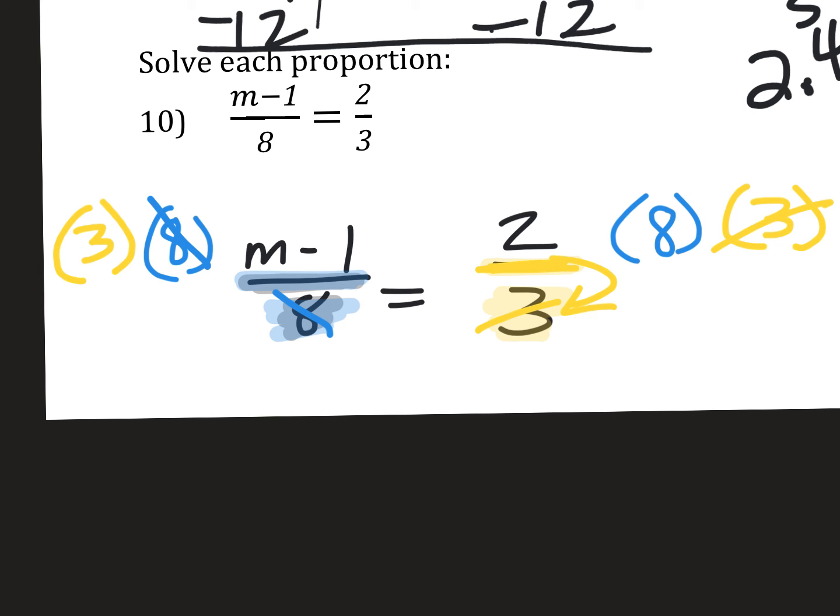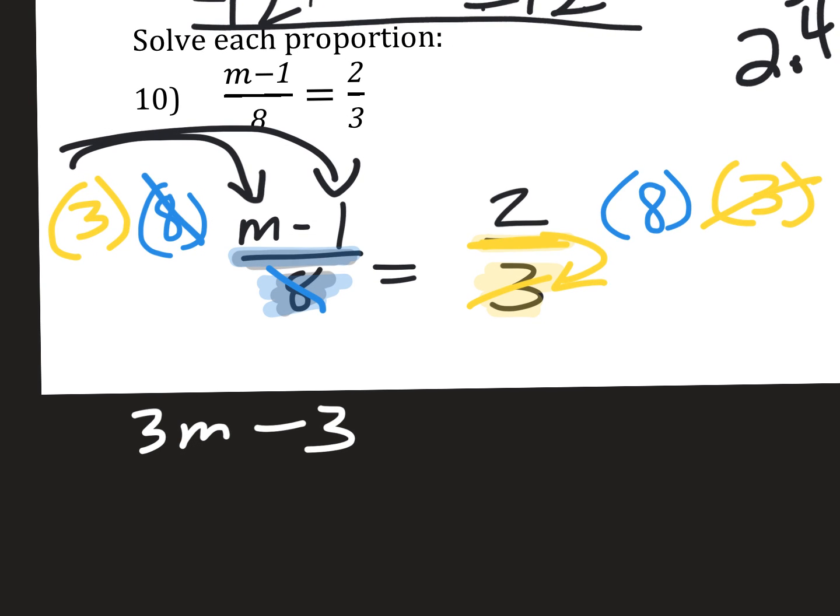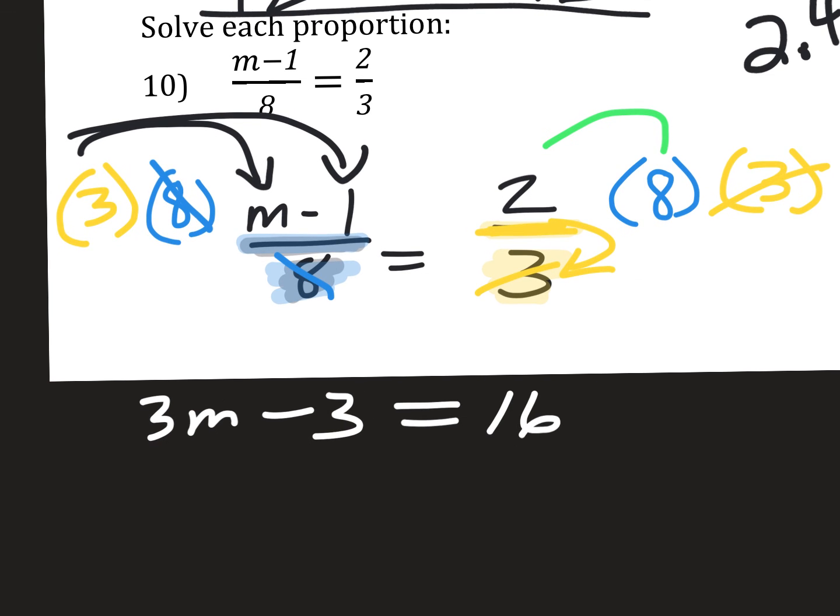So really what you're left with is 3 times m and 3 times 1, which 3 times m would be 3m. 3 times 1 would be minus 3. And then over here on the other side, you'd be left with 8 times 2, which would be 16.